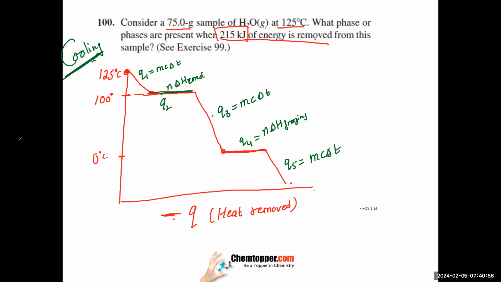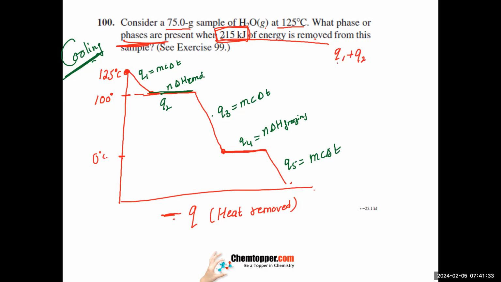But what do you do? Because they are asking what is the state of matter when 215 kilojoules of energy is removed. What phases are present? The question is saying, when you remove 215 kilojoules of heat, what is the state of matter? Is it solid plus liquid, or liquid plus gas? So what you are going to do: check Q1, add Q2.